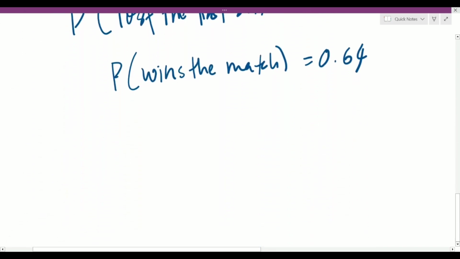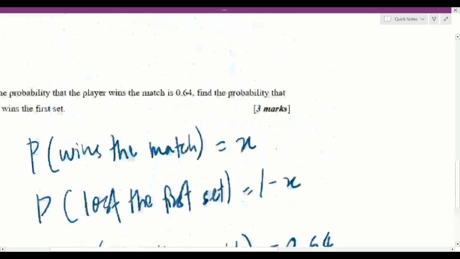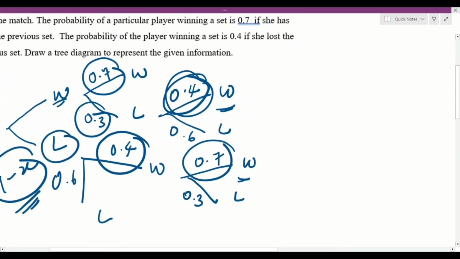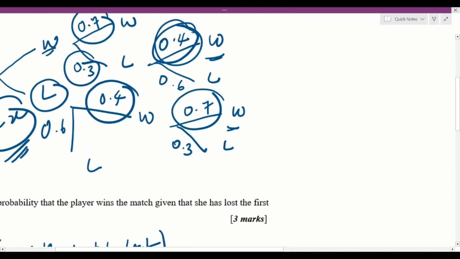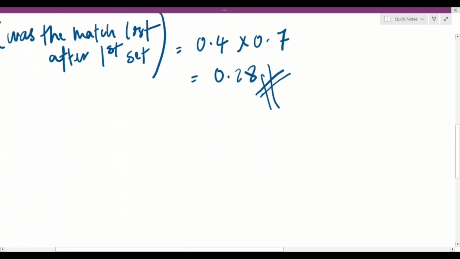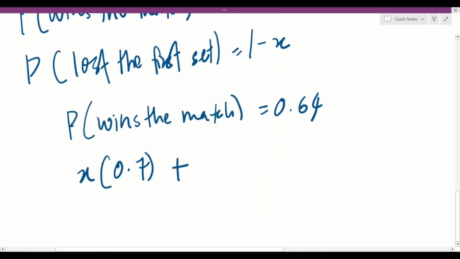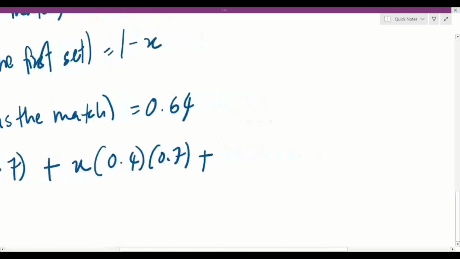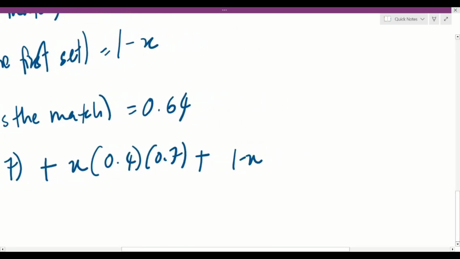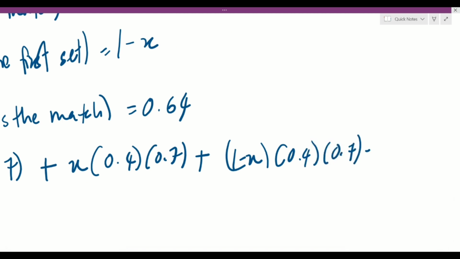We know that x is the probability of winning the first set, and the win probability is 0.7, plus lose and win, which is 0.4 times 0.3, plus x the probability of winning, plus 0.4 times 0.7 when they lost the first set, so it is 1 minus x times 0.4 times 0.7, which gives a probability of 0.64.